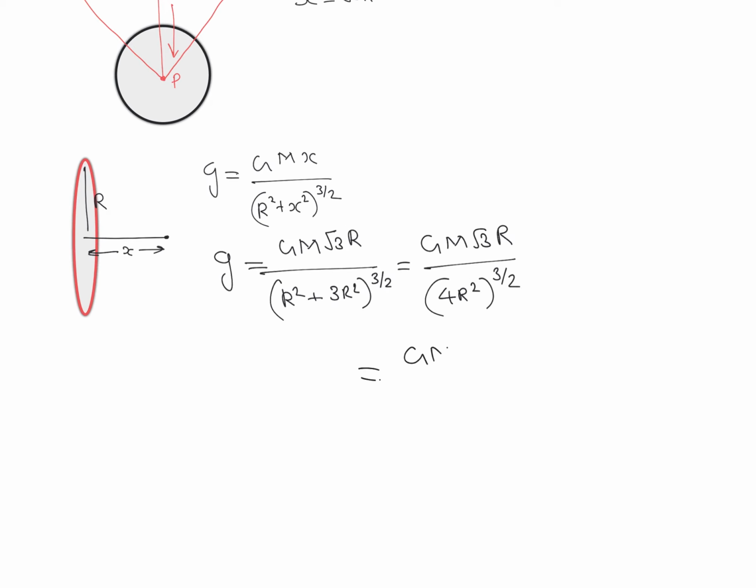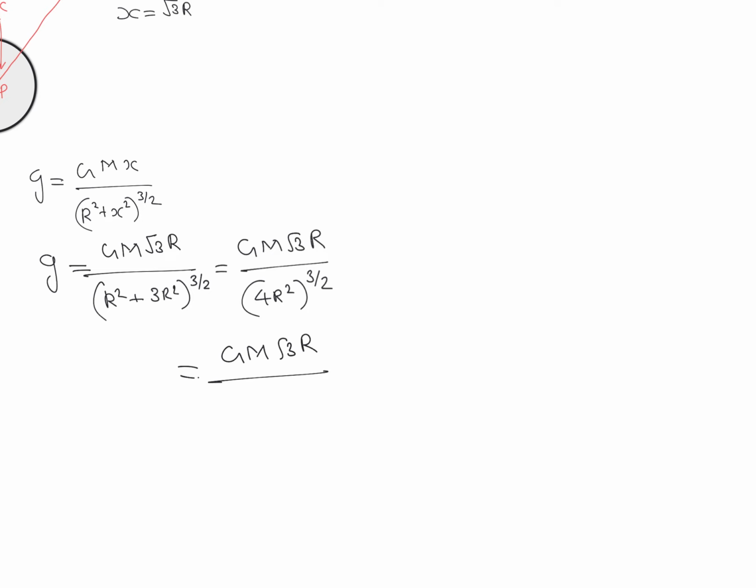So this can be written as GM into root 3 r divided by (4 r square raised to 1 by 2) the whole raised to 3. Raised to 1 by 2 represents the root of 4 r square. Root of 4 is 2, root of r square is r.